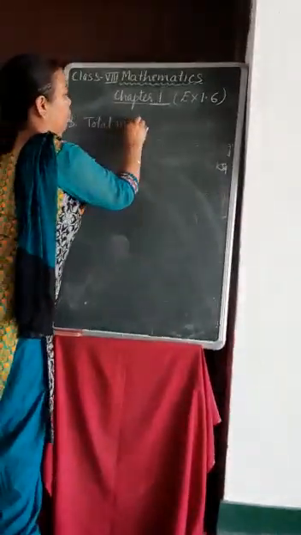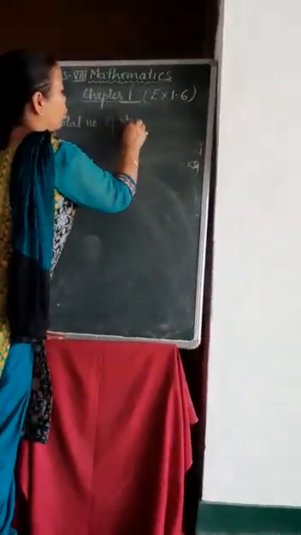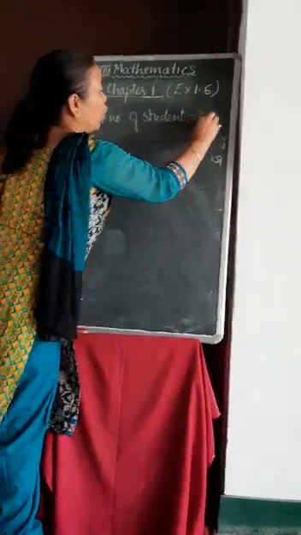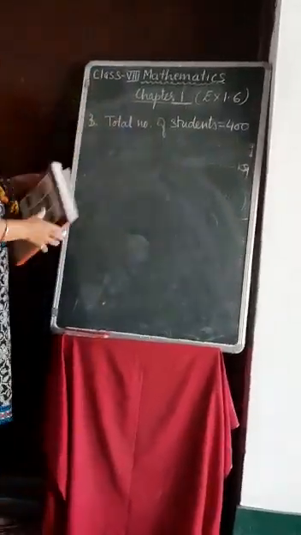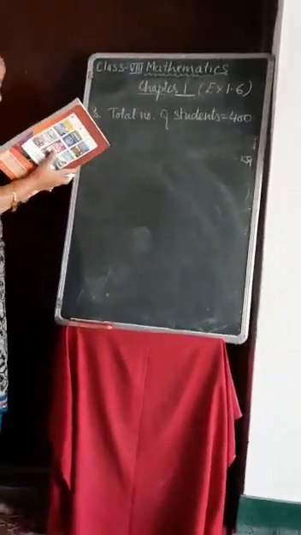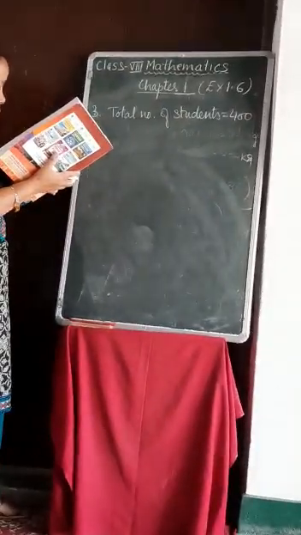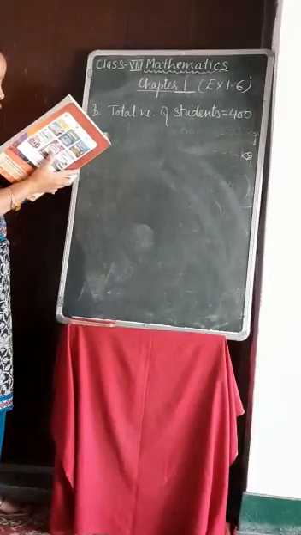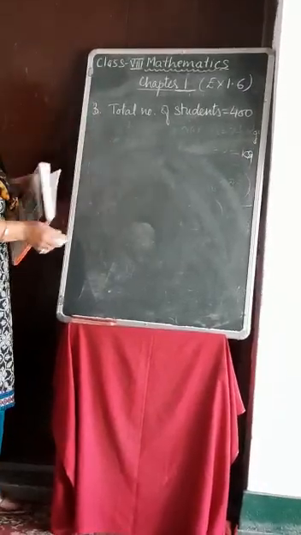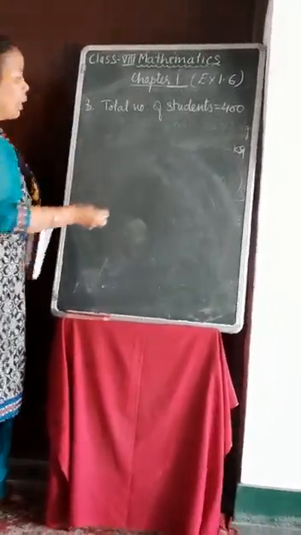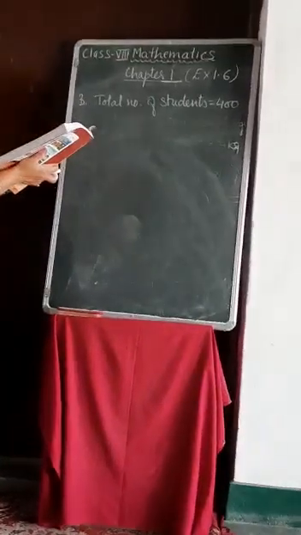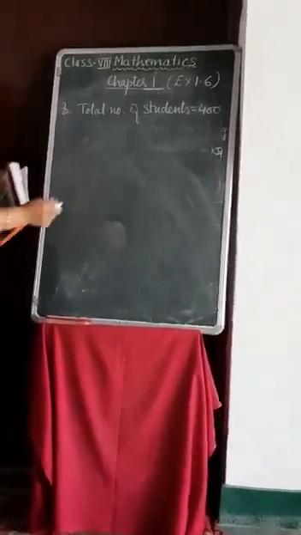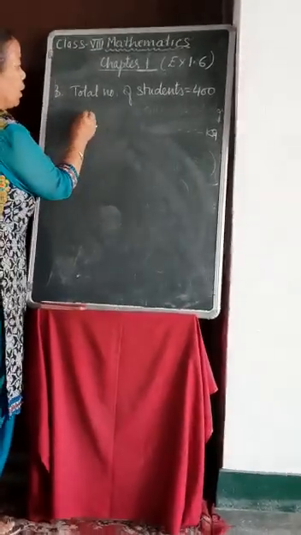Total number of students is equal to 400, and 2/3 of the boys and all 130 girls passed in the examination. So if 130 girls passed in the examination, then we will find out how many boys there are.